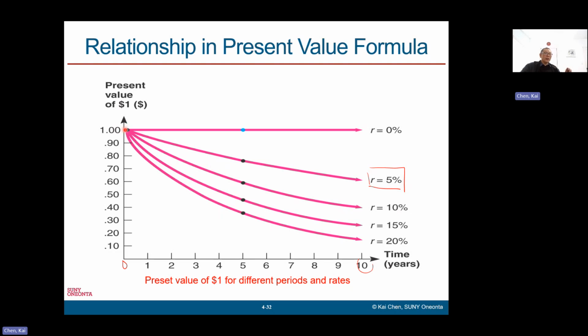As you hold your investment longer and longer, in order to receive $1 in the future, the present value, or the dollars you should invest today, becomes smaller and smaller.